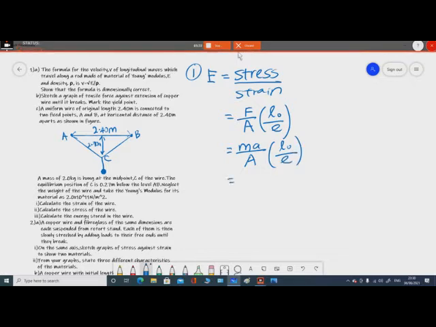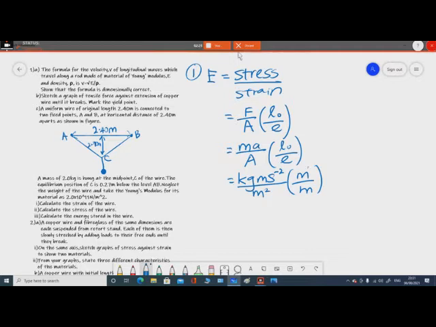In terms of SI units, this shall be kg m per second squared, which is for acceleration. This is m squared for the cross-sectional area. L naught is m, and this extension is also m.